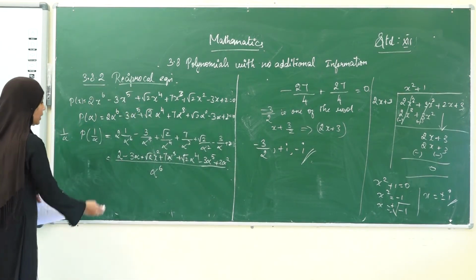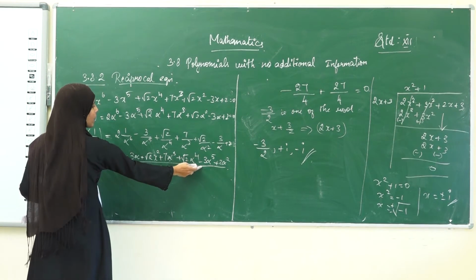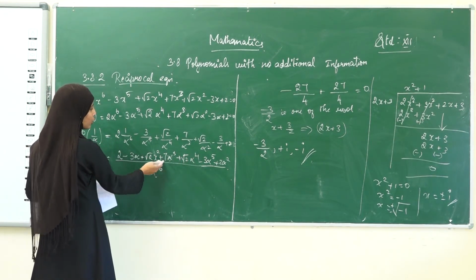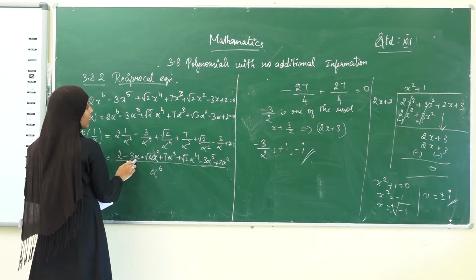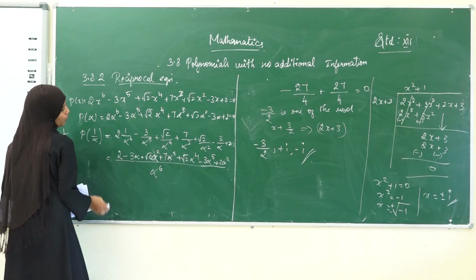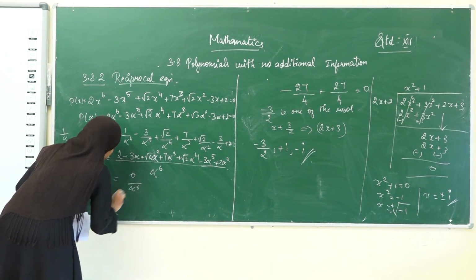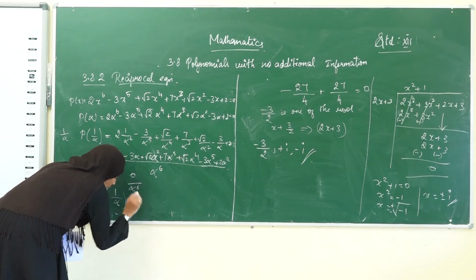See, this term is equal to this term, right? 2 alpha square minus 3 alpha power 5 plus 2 root 2 alpha power 4 plus 7 alpha cube plus root 2 alpha square minus 3 alpha plus 2. So, this can be written as 0 divided by alpha square. Therefore, P of 1 by alpha is also equal to 0.